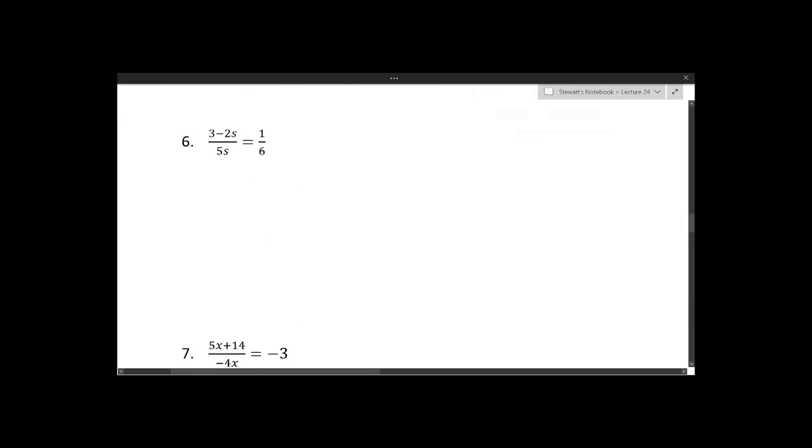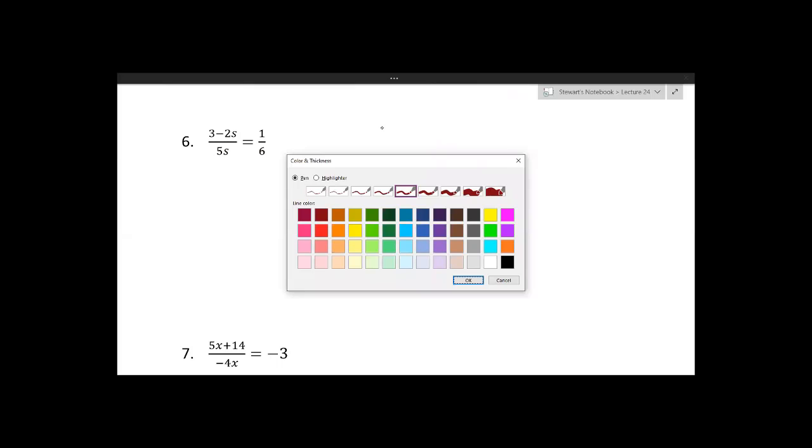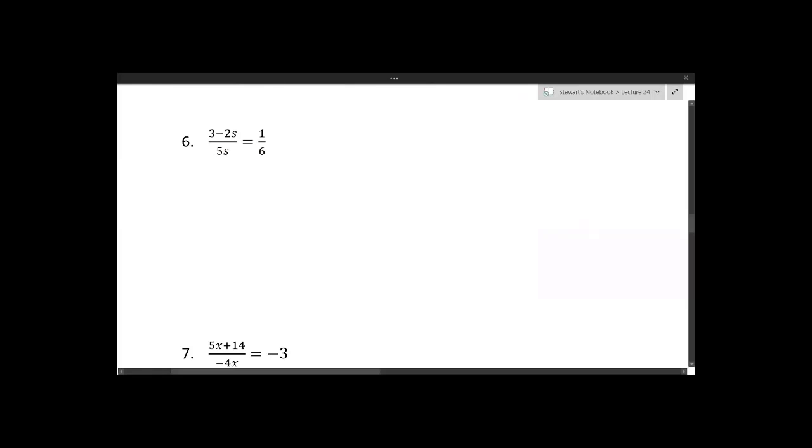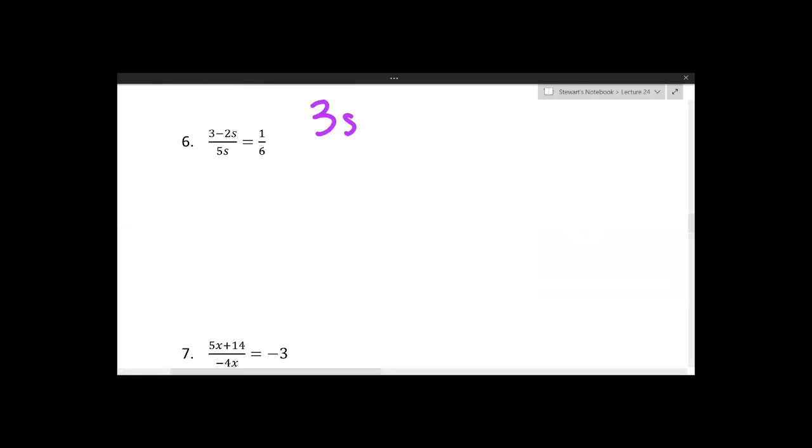Okay, so now we have 3 minus 2s over 5s is equal to 1/6. Okay, so there's a lot to unpack in this one, but that's fine. We can do that for sure. So we have 3s. Oh, no, not 3s, just 3.